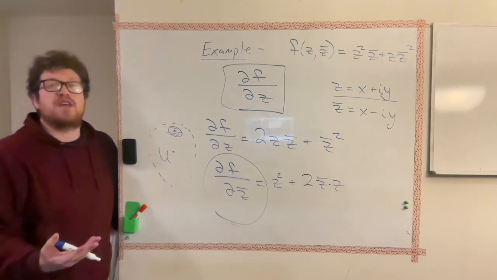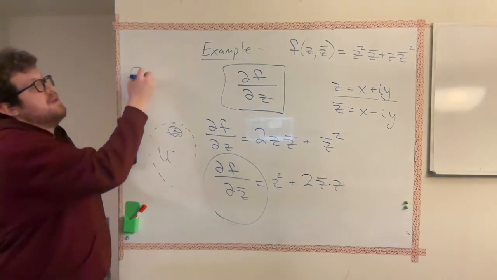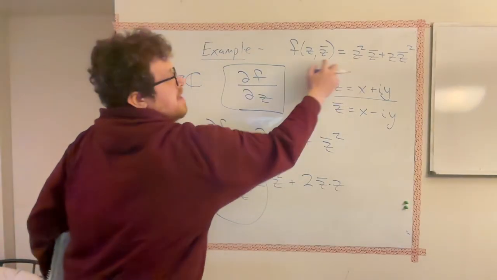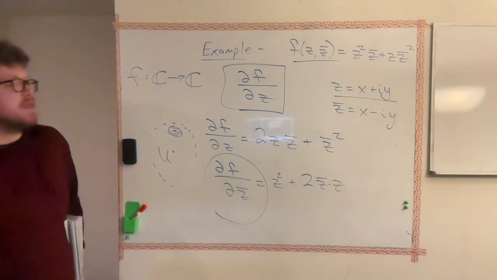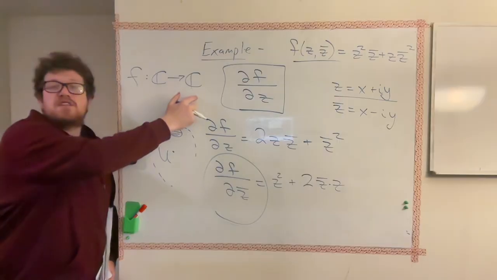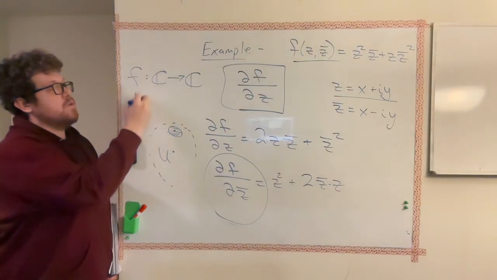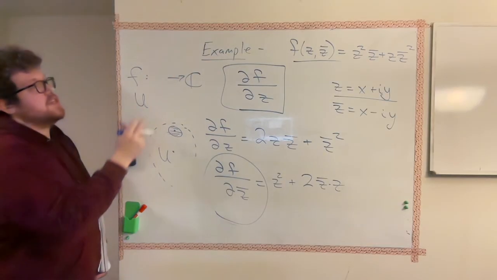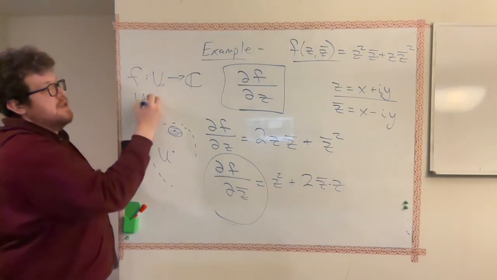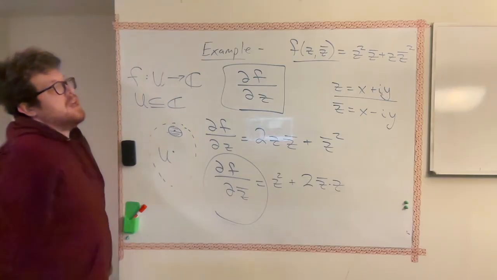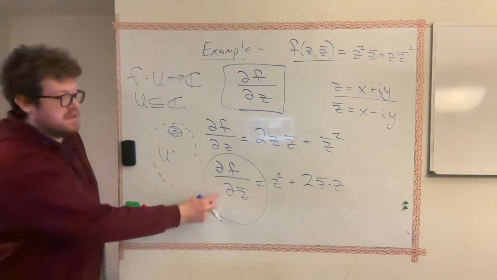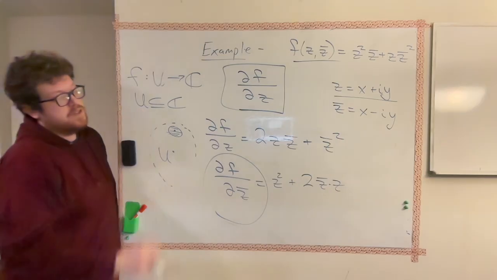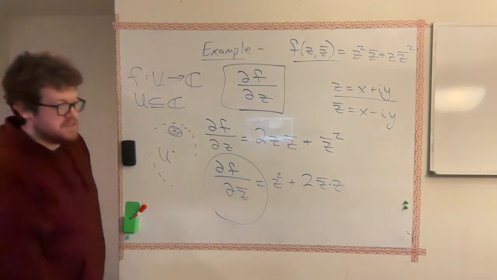So the definition is that a function f from C to C, which we could write in terms of z and z bar, like for this example, is holomorphic on some open set U. Actually, technically it would be from U to C. So a function defined on some open set to C, where U is some open set in C. We say it's holomorphic if this partial derivative vanishes for every point in U. So that's a very important definition in complex analysis.